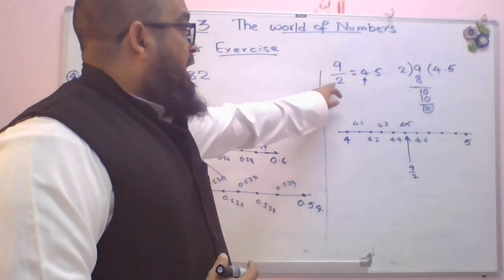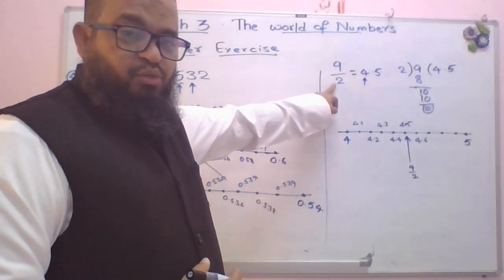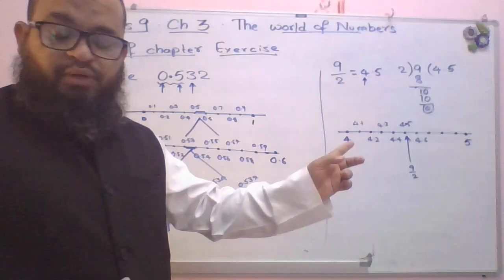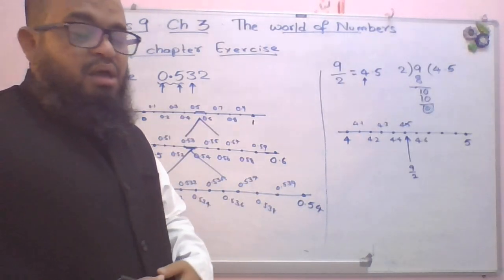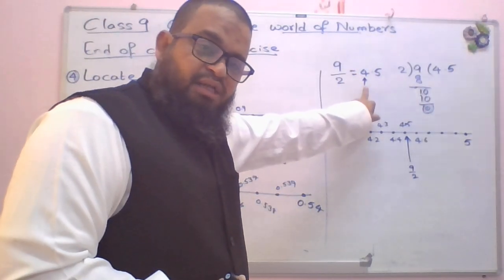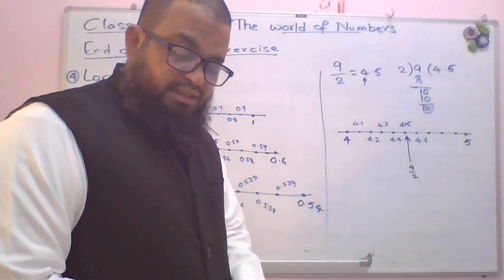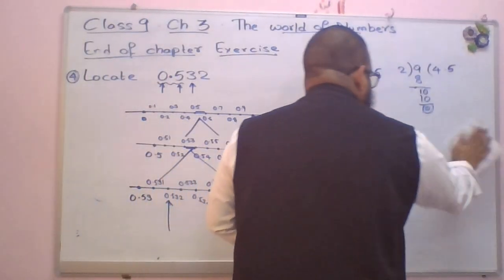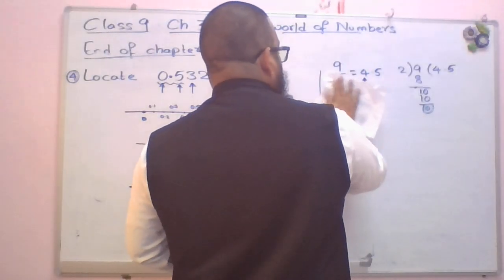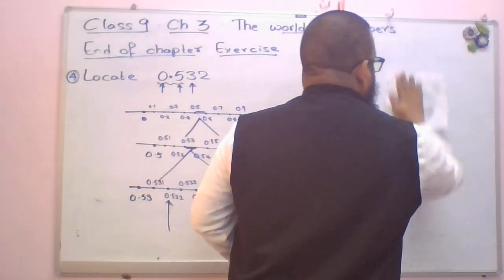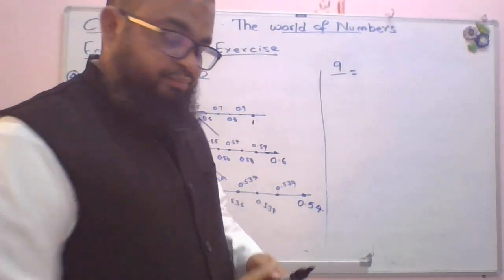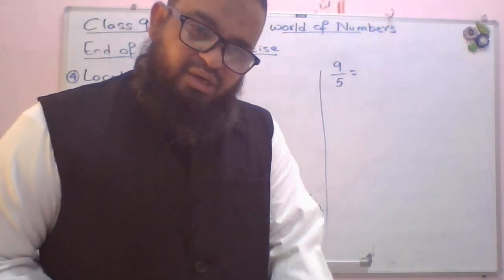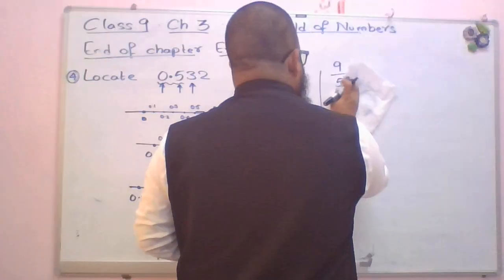We have already seen in question number 1 that if the denominator is in the form of 2 to the power of m and 5 to the power of n, we will get terminating decimals. And terminating decimals are very easy, but let us do it directly as a fraction. For example, 9 by 5 also gives a terminating decimal.